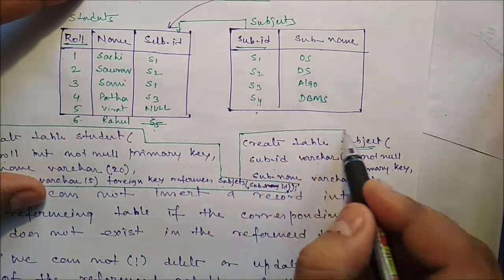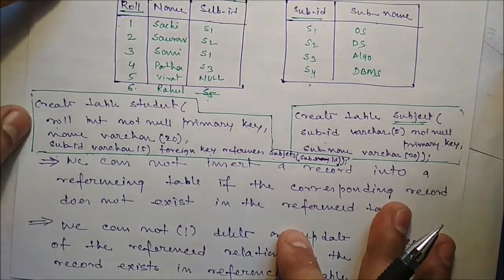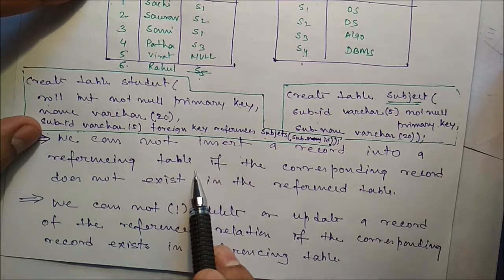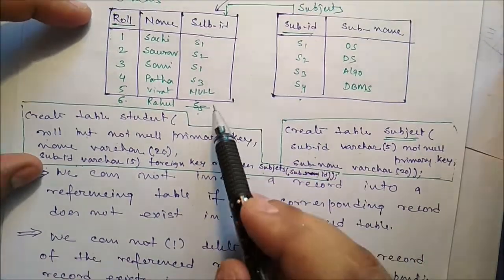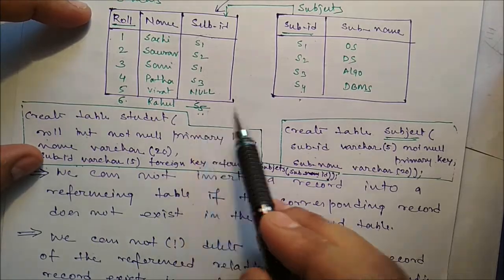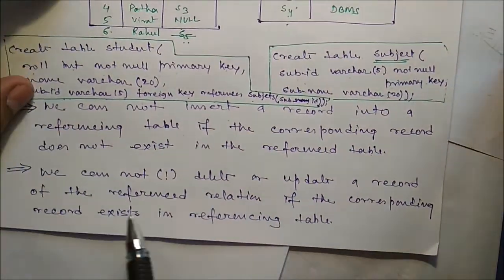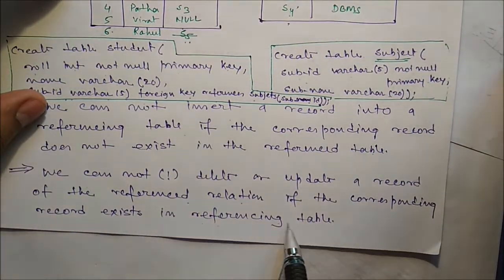And this is the other table. We cannot insert a record into a referencing table if the corresponding record does not exist in the reference table. So we cannot insert subject S5 because S5 is not there. Now we cannot delete or update a record of the referenced relation if the corresponding record exists in the referencing table.